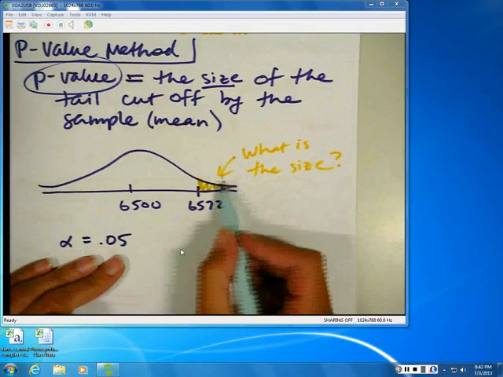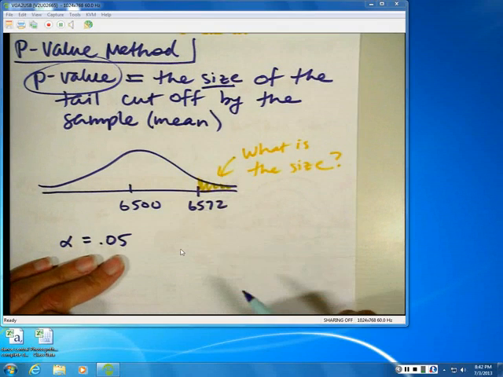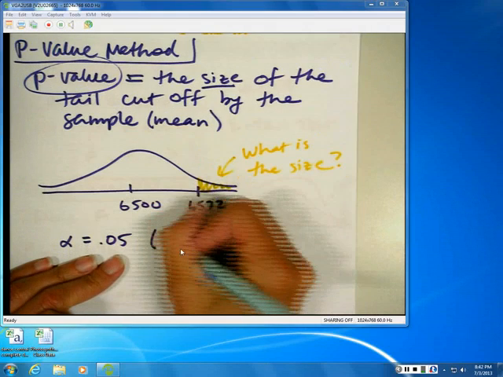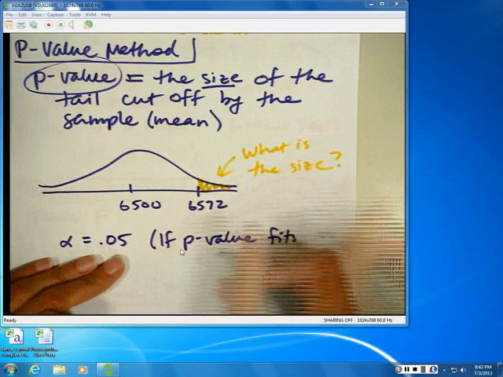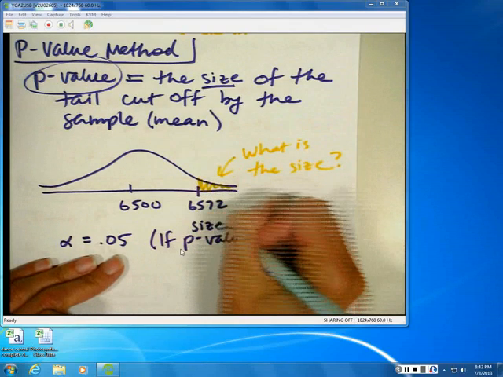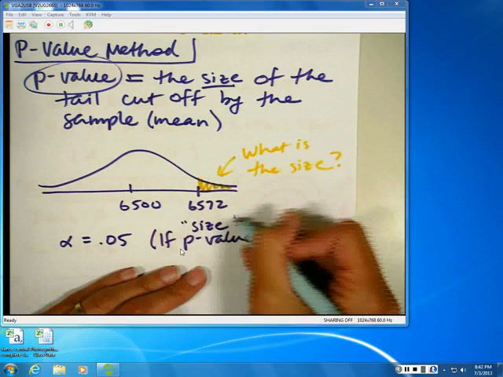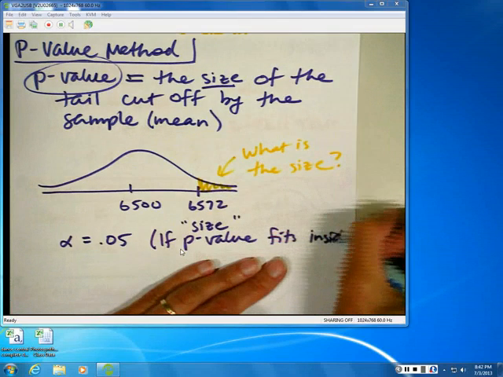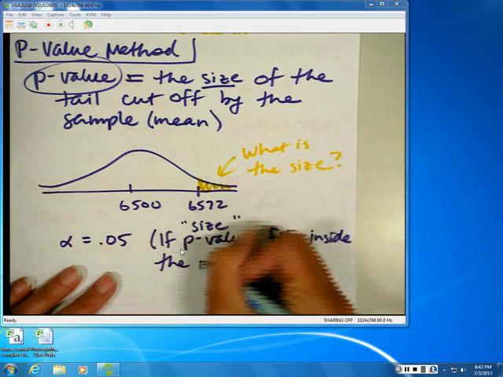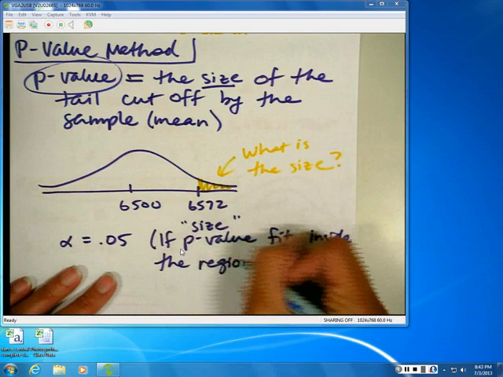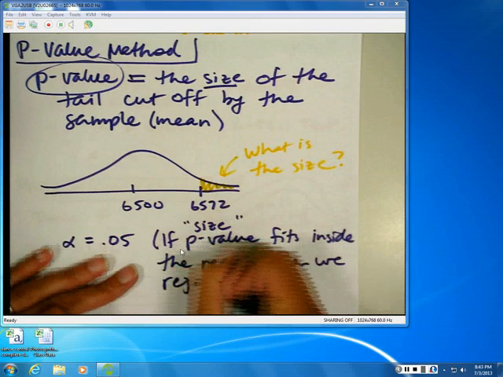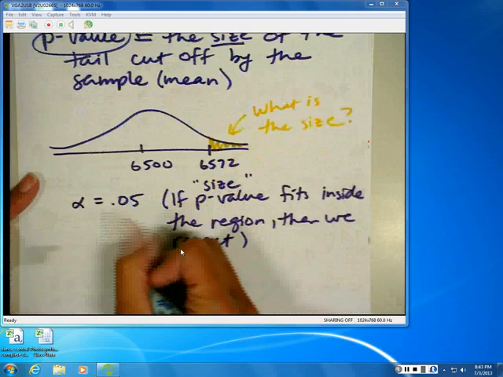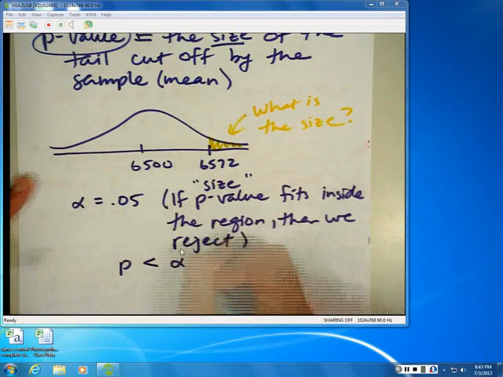So the size has to be 0.05 or smaller to fit into the rejection region. So if the p-value fits the size, so the size or the p-value fits inside the rejection region, then we reject. In other words, the p-value would need to be smaller than alpha.